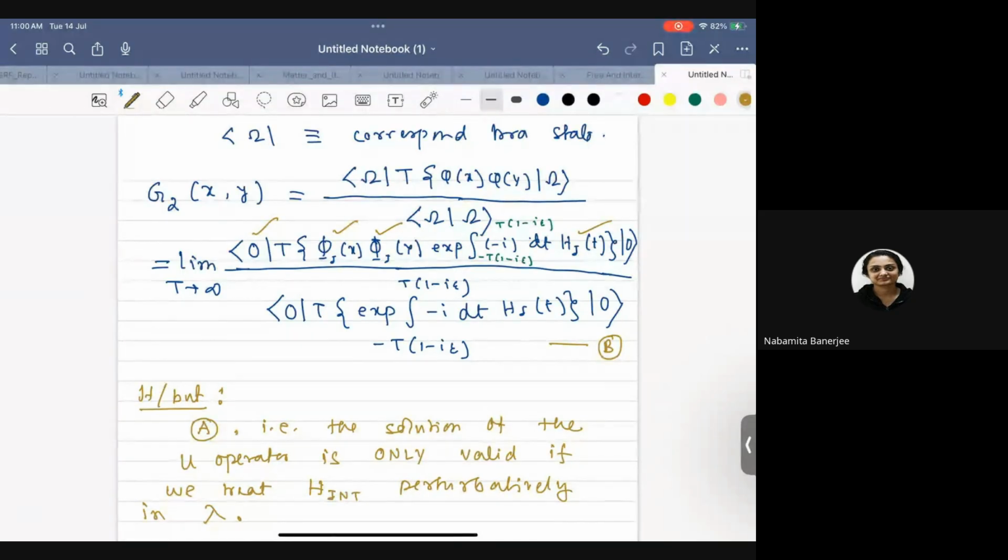So this solution is only valid if I can think of lambda as a very, very small parameter that I can always take to the zero limit. So it's smaller than every other length scale of your theory. It is a dimensionless quantity.